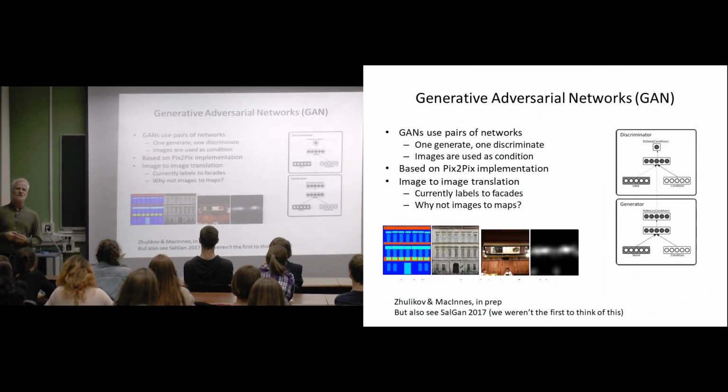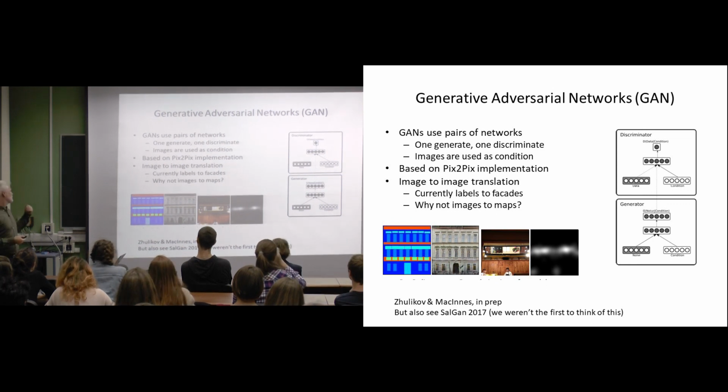Georgi was a student here last year. He's still in the lab working on generative adversarial networks. So this is a way where you can get a predictive network working with a discriminative network, where one makes a prediction and the other gives it feedback as to how accurate that prediction was.